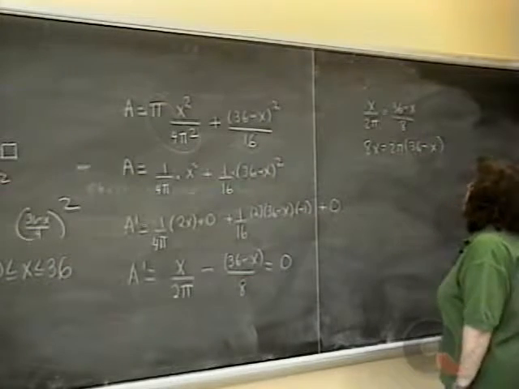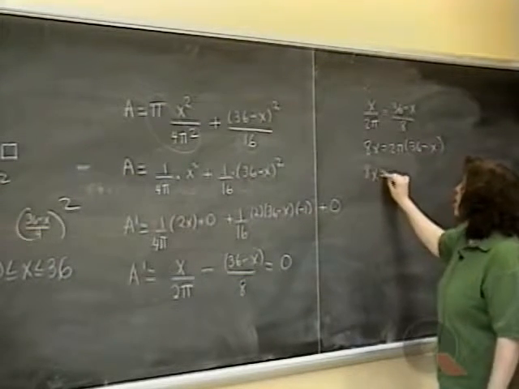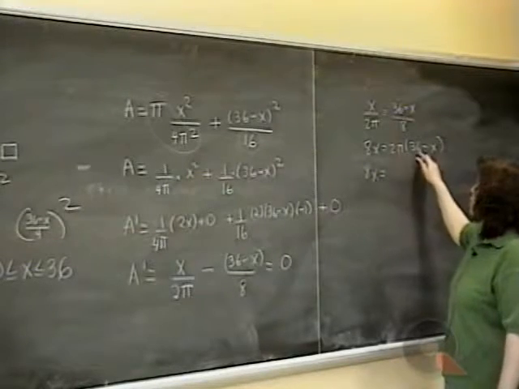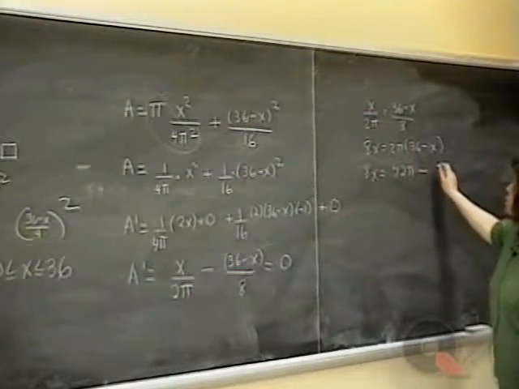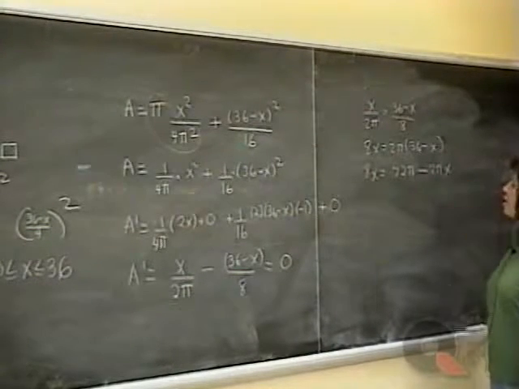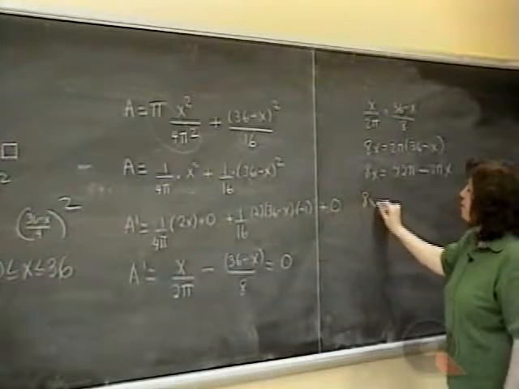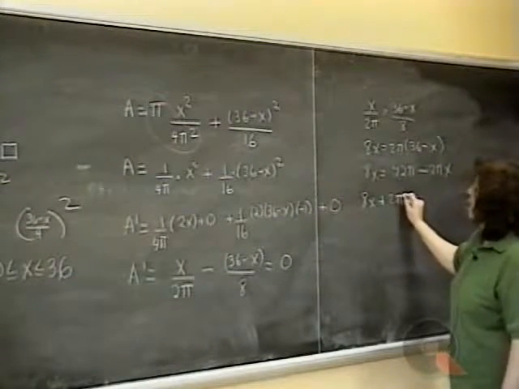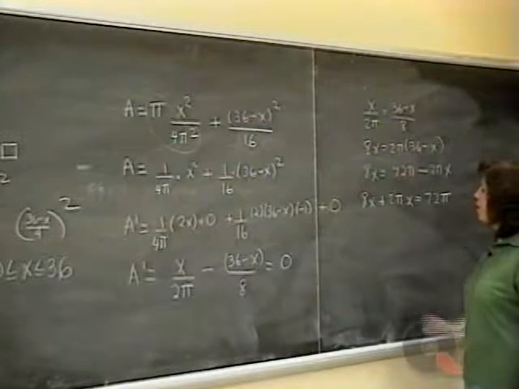You can divide both sides by 2, or you can do that afterwards. If you leave it this way, 8x, distributing 2 pi times 36 is 72 pi minus 2 pi x. Now I want to solve for x, so everything with x on one side, everything else on the other. 8x plus 2 pi x is equal to 72 pi.